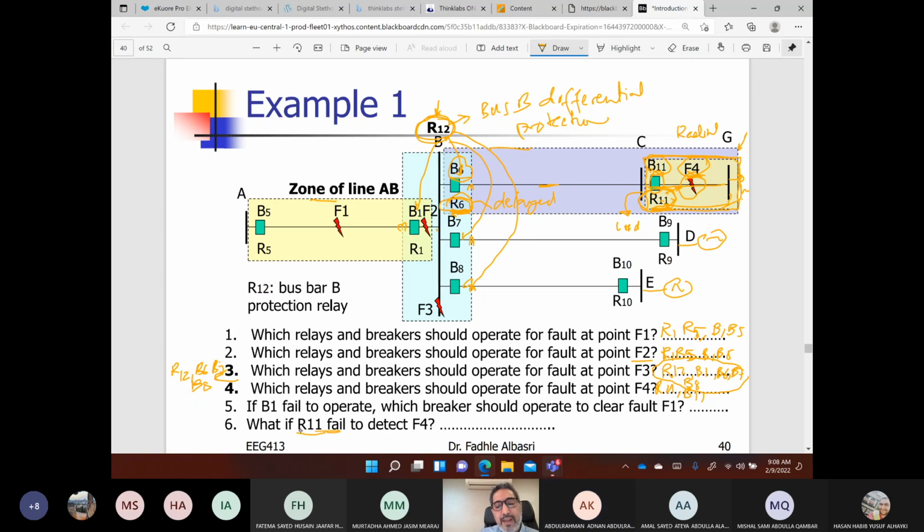If R11 failed, meaning the fault is F4 and R11 did not detect this fault, we call it loss of dependability. Why? Because the fault is within R11's zone and the relay did not detect it. So we call this loss of dependability, which led to loss of reliability of the protection of protecting line CG.